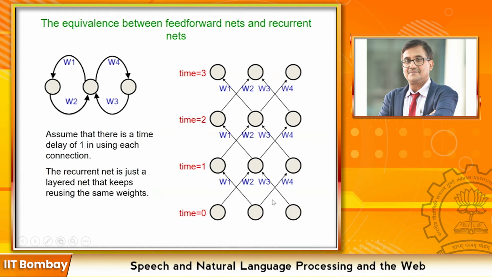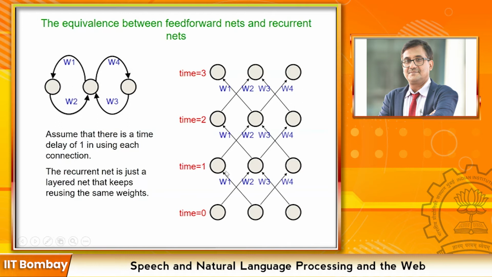See how a feed-forward network gets created through this kind of unfolding over time. If there are four tokens, then at times t1, 2, 3, you will get a network which is a feed-forward connection.